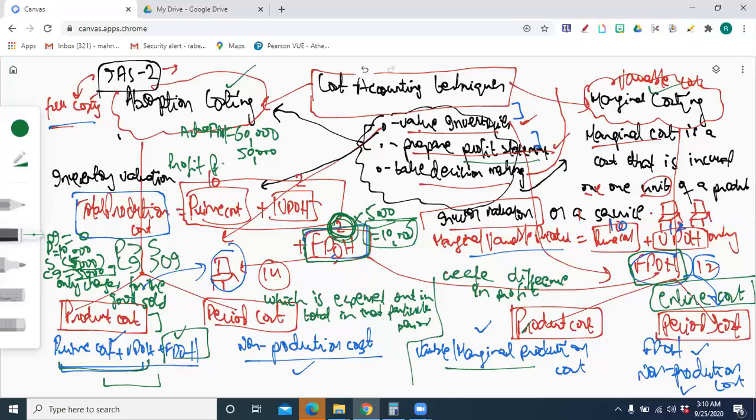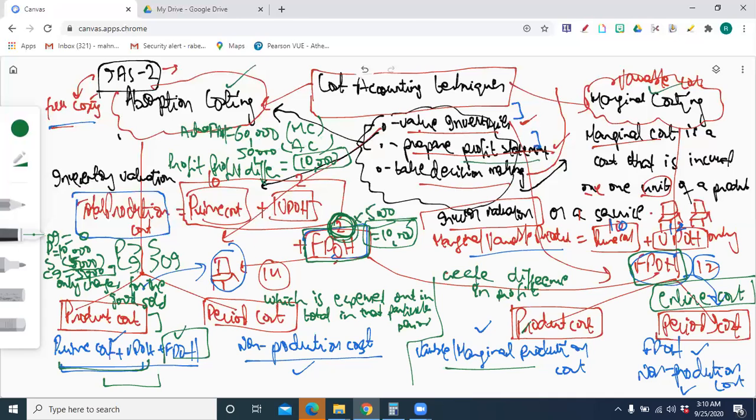So what would be the profit difference in marginal costing? 60,000 of fixed overhead was charged. In absorption costing, 50,000 was charged and 10,000 was not charged. So the profit difference would be that 10,000.